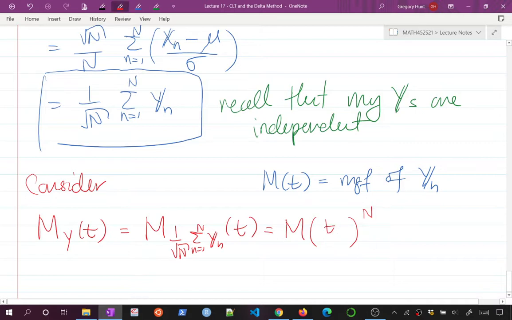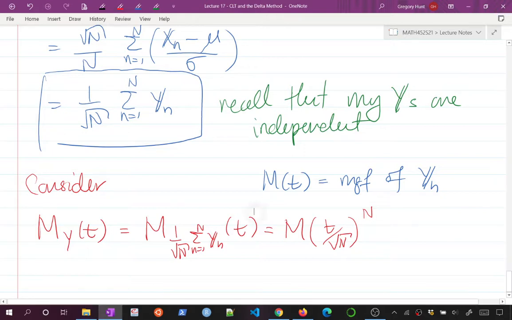So if you go back to our original proof, maybe in lecture 2 or something, of x bar, we talked about the MGF of x bar. It's a very, very similar proof. Now we're talking about the MGF not of x bar, or not even of y bar in this case, but something similar to it. So the MGF of Y is basically the MGF of any of my y_n's, evaluated instead at t over root n, and you raise that whole thing to the nth power.